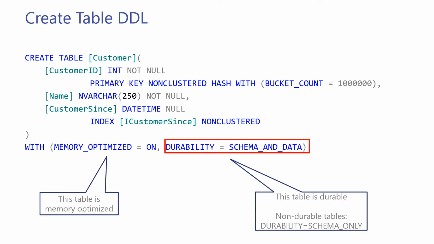But for memory optimized tables, you can also choose to use a non-durable table. You would say durability equals schema only, which means that on server restart, the data is not retained, but only the schema is retained. The fact that it's non-durable will give you some benefits, including that you will never need to go to disk and operations on the table are not logged. That also, of course, means it is only suitable for transient data like session state and whatnot.